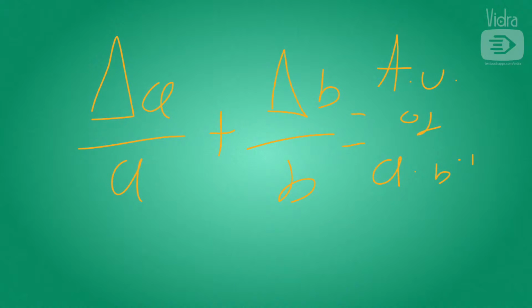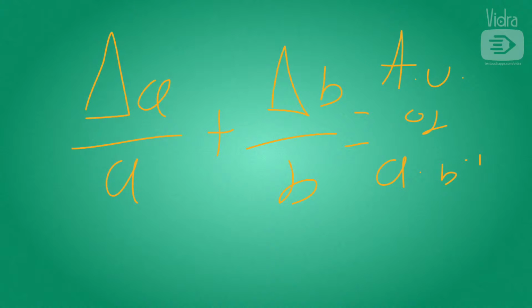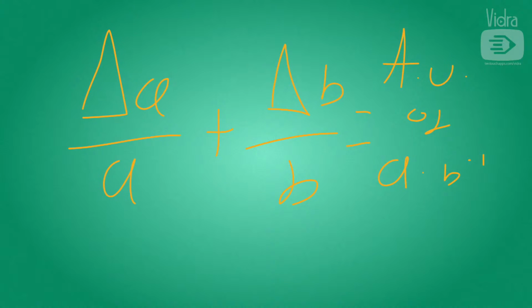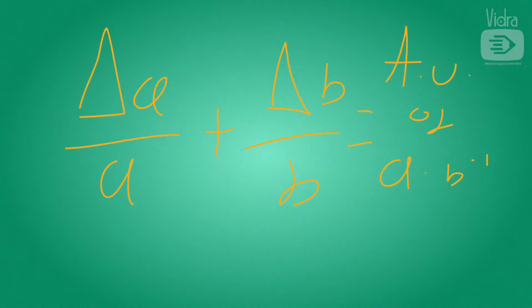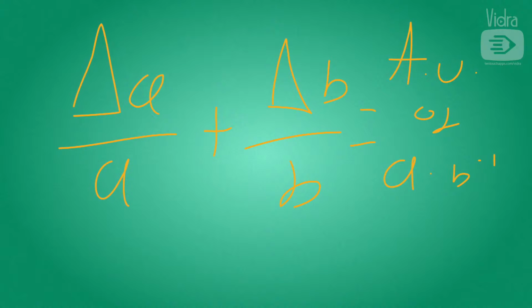The way to get the absolute uncertainty is to take the uncertainty of A divided by the value of A, added to the uncertainty of B divided by B, and that is how we get the absolute uncertainty of our operation.